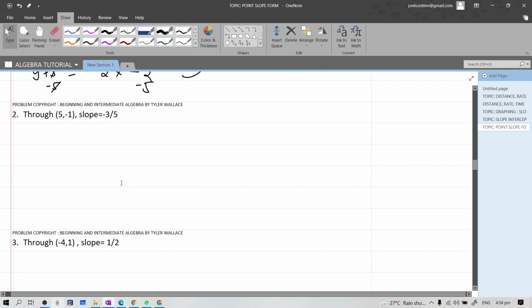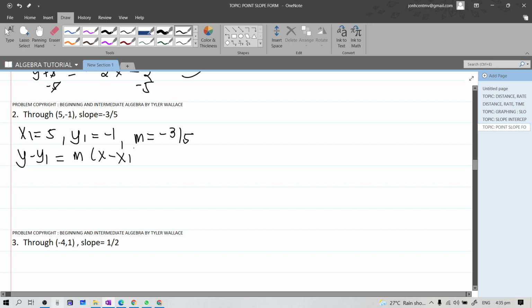Next, (5, negative 1), slope of negative 3/5. x sub 1 is 5, y sub 1 is negative 1, and m is equal to negative 3/5. So, y minus y sub 1 is equal to m times x minus x sub 1. So, y sub 1 is negative 1. Let's do it right away so we don't get confused. x sub 1 is 5.